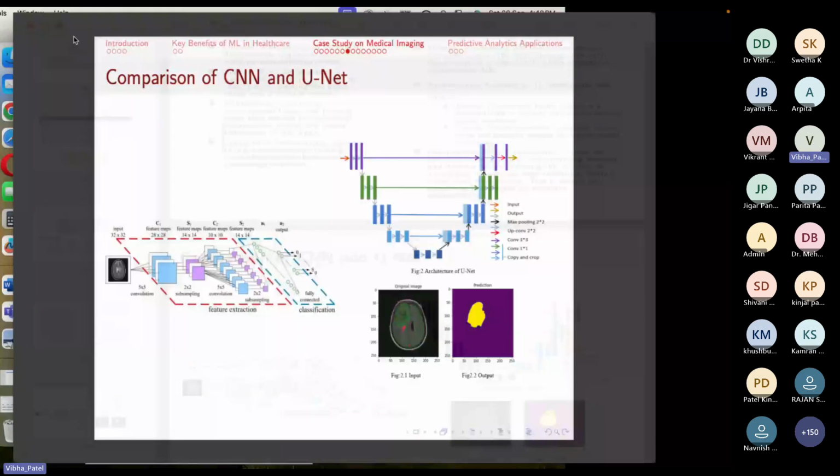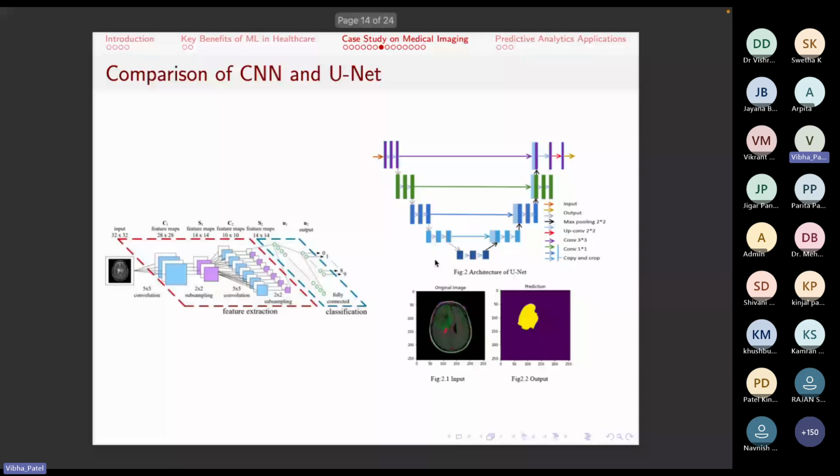So on the left side is a CNN model, and on the right side is a U-Net model, wherein U-Net is generating an output in the form of a segmented image. A segment of tumor has been shown in yellow as an output. In case of CNN, we are giving output in the form of classification, like the feature map has been passed to a fully connected network.